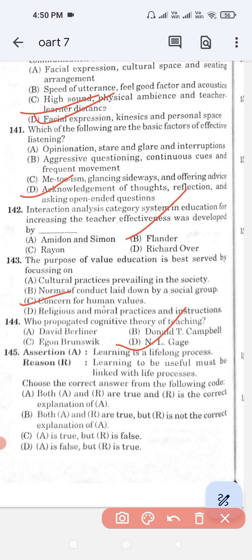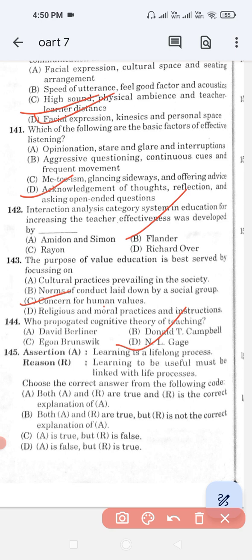This is the last question dear friends. Assertion A: learning is a lifelong process. Reason R: learning to be useful must be linked with life process. Choose the correct answer from the following code.